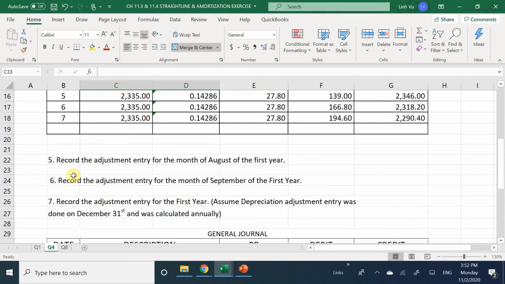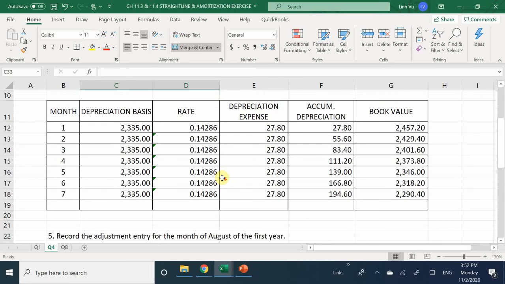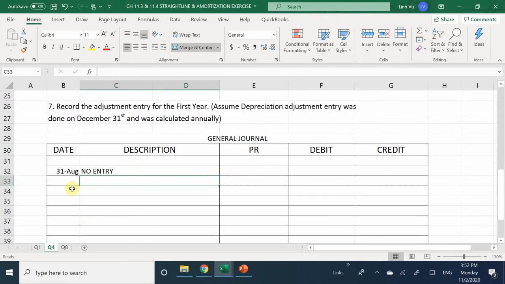Okay, so number 6 says record the adjustment entry for the month of September for the first year. So what did we solve? What's my depreciation expense going to be for the month of September? 27.80. So what's my journal going to look like?